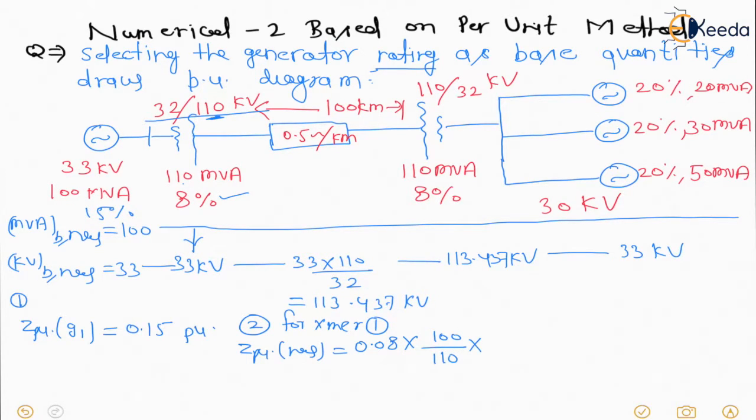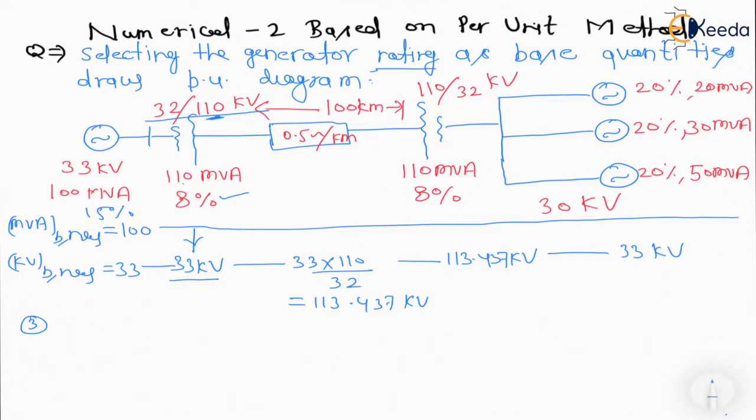Always remember this 8% was on the base voltage of 32 kV and 110 MVA. Now the base voltage has changed to 33 kV and the base power has also changed. So this will be the per unit value of the transformer, equal to 0.068 per unit.